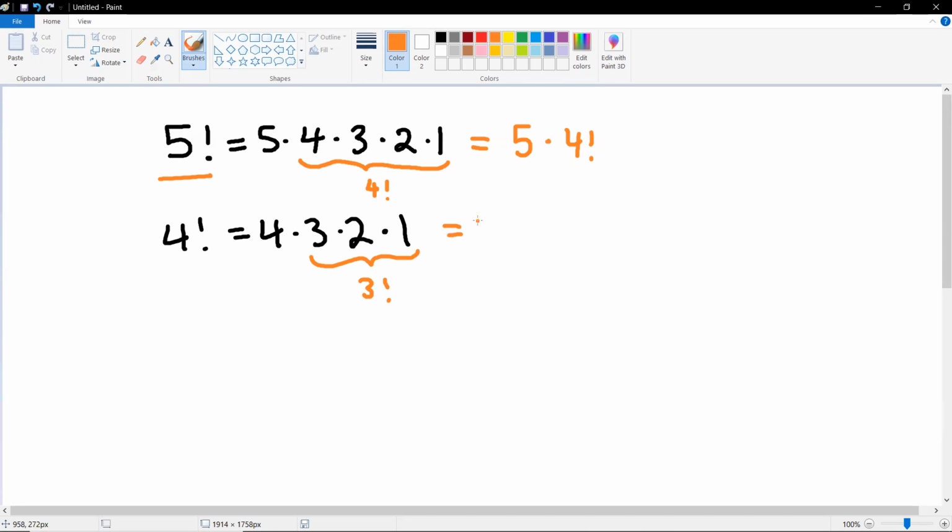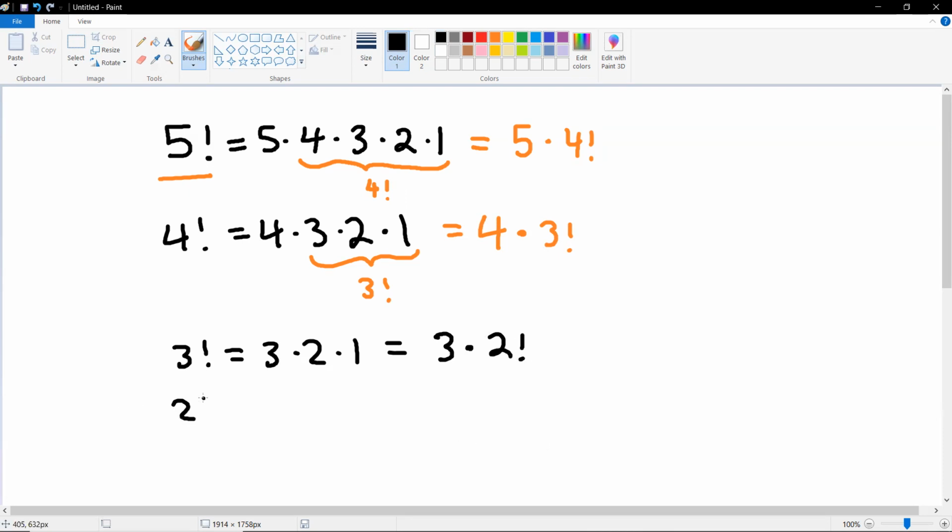And if you continue this pattern, 3 factorial is just going to be 3 times 2 factorial. And if you look at 2 factorial, by definition, this is just 2 times 1. And it's also 2 times 1 factorial.